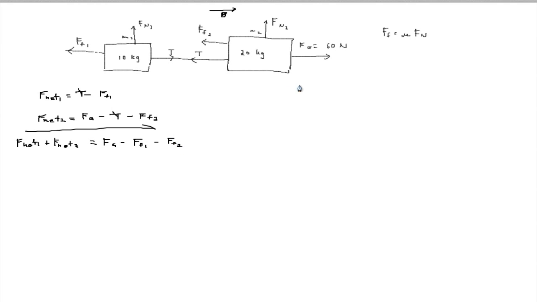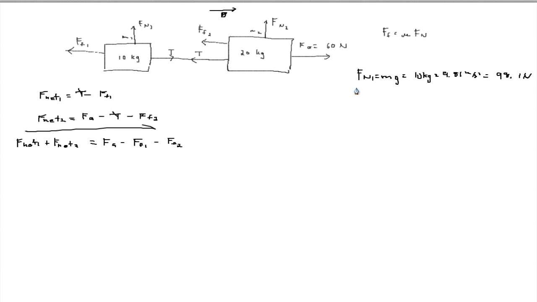So on the side, we're going to figure out Fn1, the normal force on mass 1, and the normal force on mass 2 first. For Fn1, which is equal to mg, that will be 10 kilograms multiplied by 9.81 meters per second squared, which will give us 98.1 newtons.